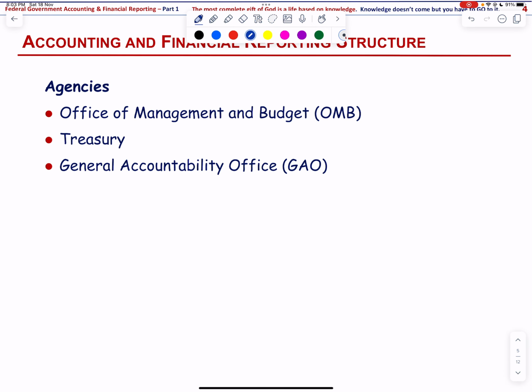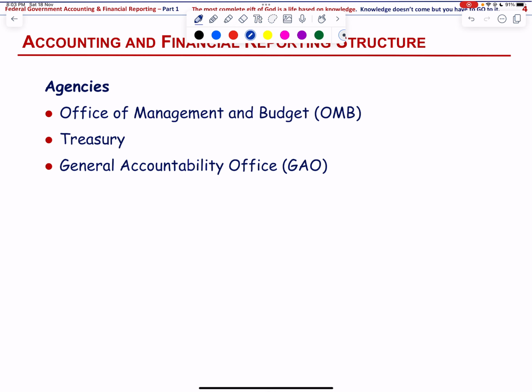The federal government accounting is decentralized, and each of its departments and agencies is responsible for maintaining the ledger accounts and preparing the financial statements. Three agencies are responsible for the federal government's financial management, accounting and financial reporting.